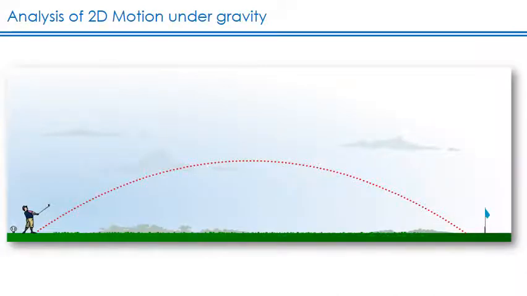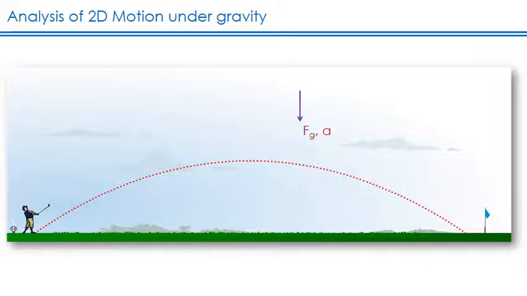Let's analyze the motion in two dimensions. The force responsible is the gravitational force, and the direction of gravitational force is vertically downward.